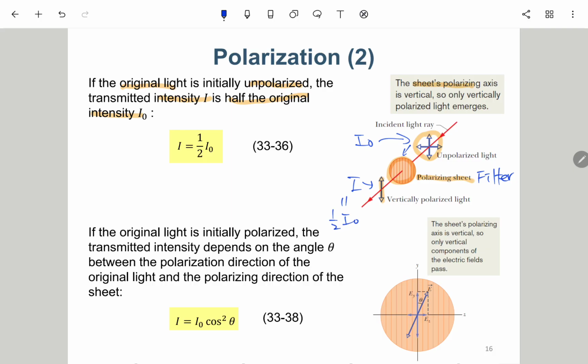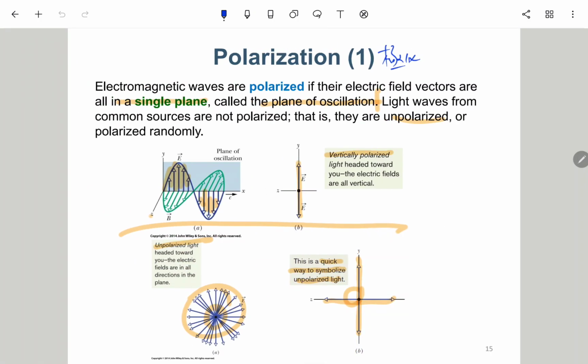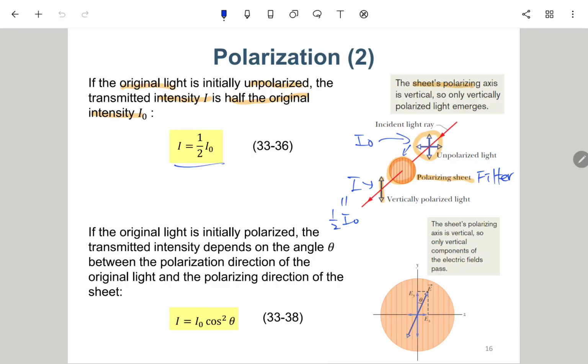So after going through the polarizing filter, the intensity of the polarized light will be half of the original unpolarized light. 所以就是有一半会被滤掉，你可以想象，有一半是垂直，一半是横的，所以就滤掉一半. Totally makes sense.